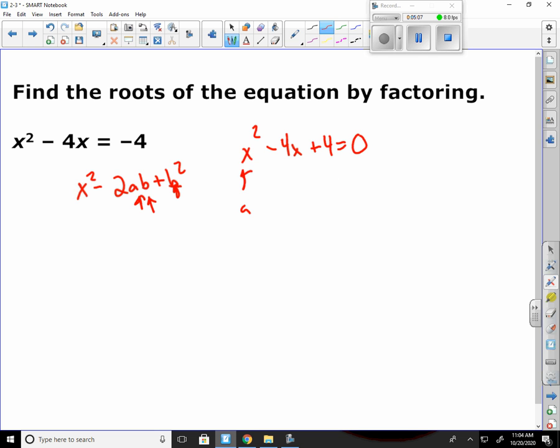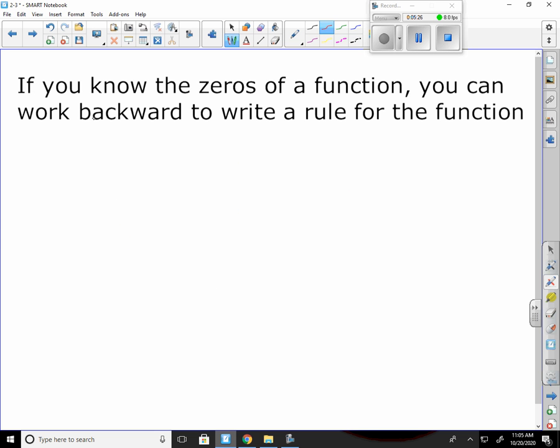That's a. 2 squared is b. Really simple. Or you can just do it the regular old factoring way. I'll leave that up to you. What you can't do is use Photo Math.